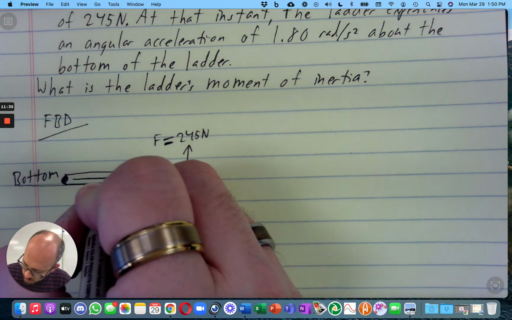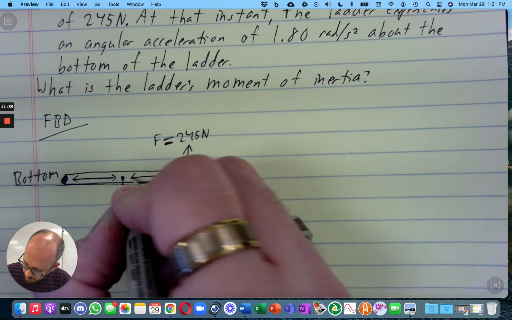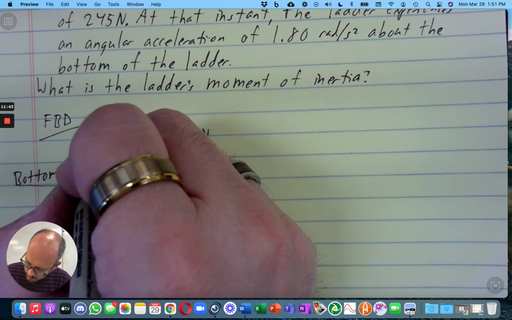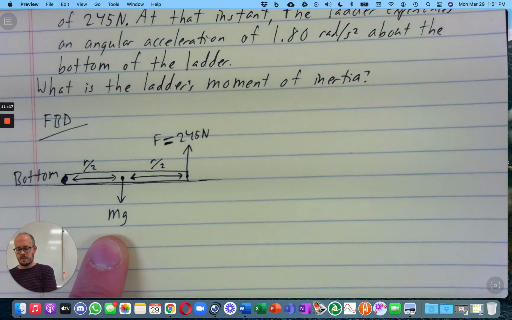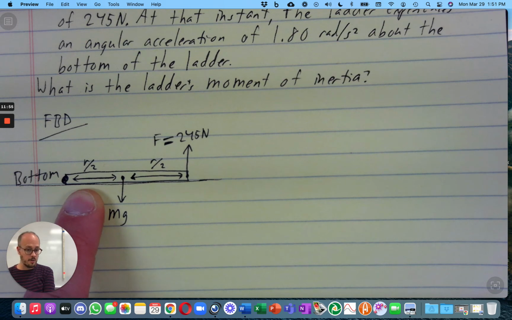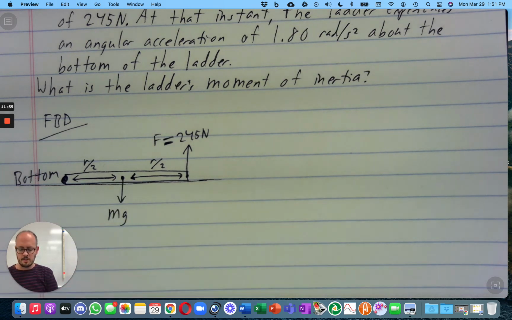Now, just so we're clear that that's the middle, the ladder has a certain length, and so when you put the gravity vector in, you essentially divide the ladder in half. And so the weight of the ladder happens at a distance of r over 2, and then that 245 Newton force happens at a distance r.